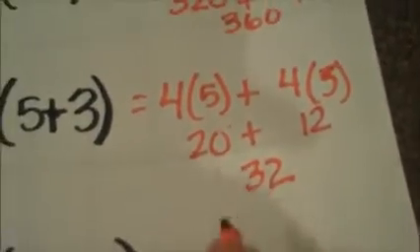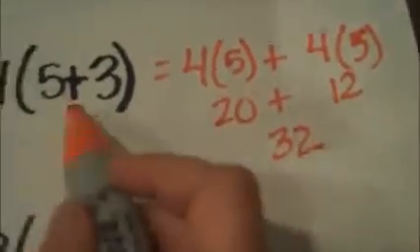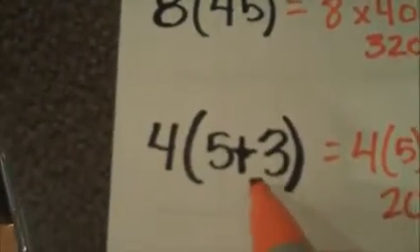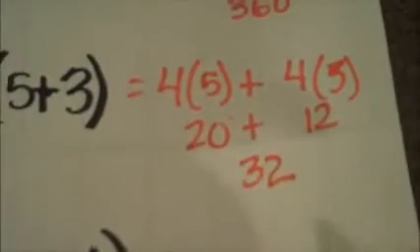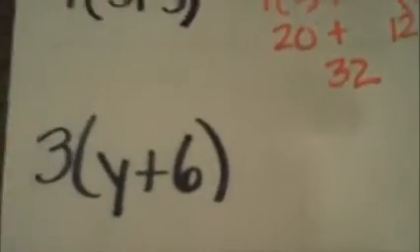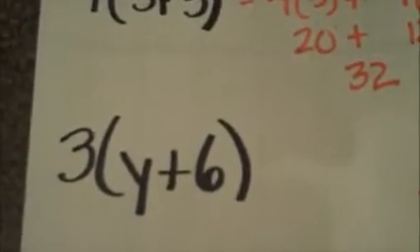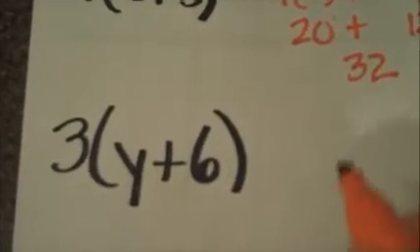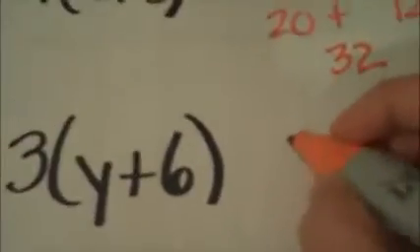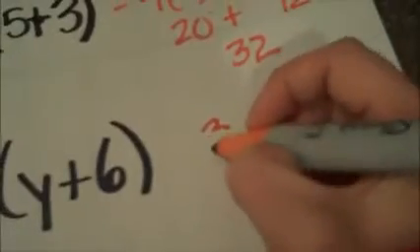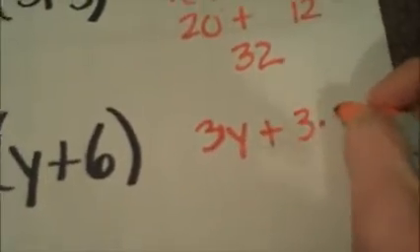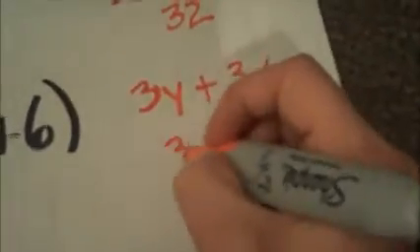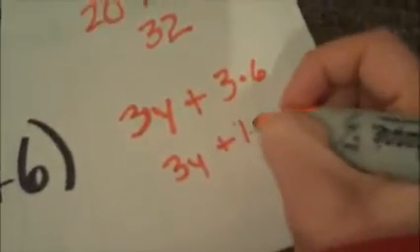Now, by all means, go back and check your work, because this answer should equal what this would equal if you used regular multiplication, and this would be 8 times 4, which is 32, which is a check for this one. Finally, I want you to be able to show it to me with variables. So we would do 3 times y plus 3 times 6. So 3y plus 18.